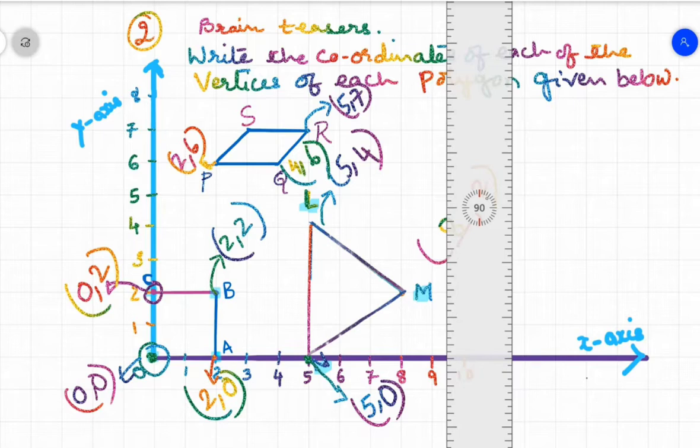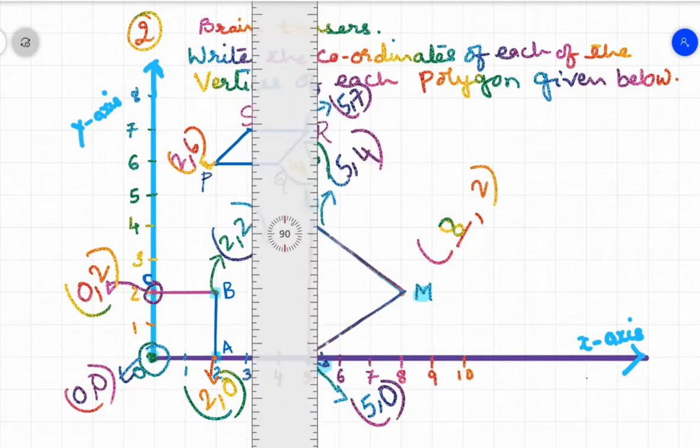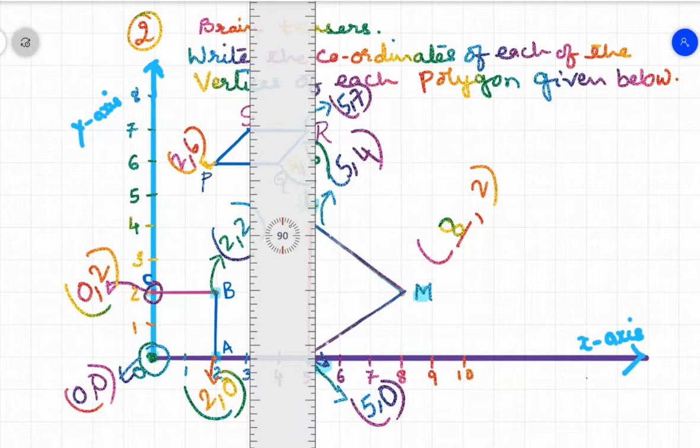Now let us see how much is your S. For the x coordinate it is 3. It is clearly visible. See here, this is 3. First you will write 3, and then let us see how much your y coordinate is. You can see from here it is 7.